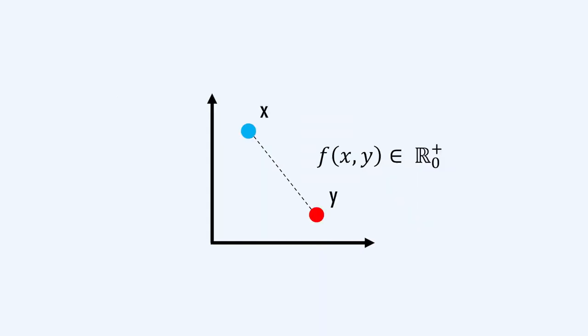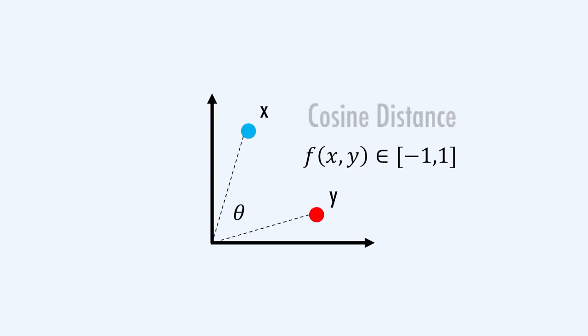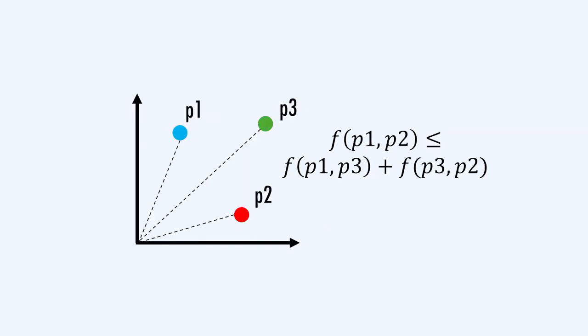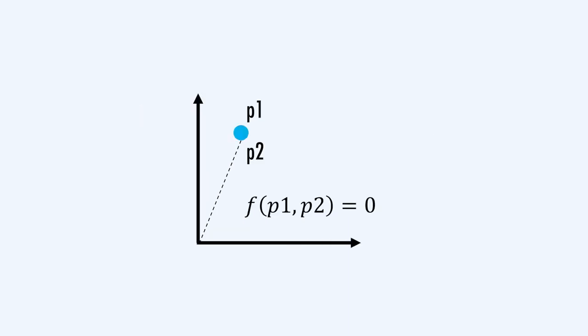Strictly speaking, we often use as distance functions certain measures that output negative numbers and not non-negative real numbers. For example, the cosine distance outputs values in the range of -1 to 1, and it does not respect two typical properties of metric functions, the triangular inequality and the coincidence axiom.